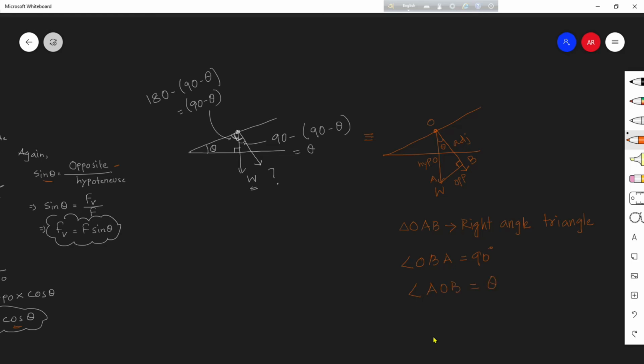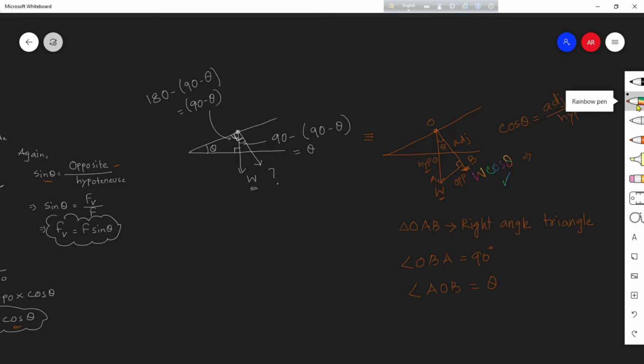Alright, so if theta is made along the direction OB, then cos theta is adjacent by hypo. And when we are solving for this adjacent, what do we get? We get hypo times cos theta. Here hypo is W, so this adjacent along the direction of OB is W cos theta.